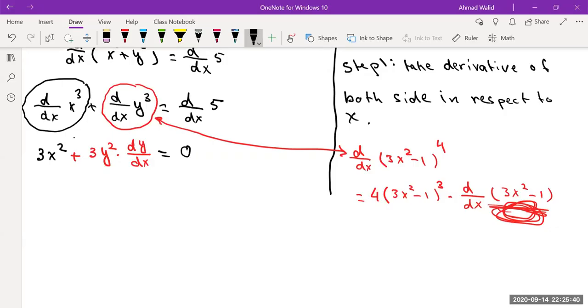Step 2, I cannot even call step 2 calculus. Step 2 is algebra. How much calculus did you do? Just step 1, to find the derivative of each term.